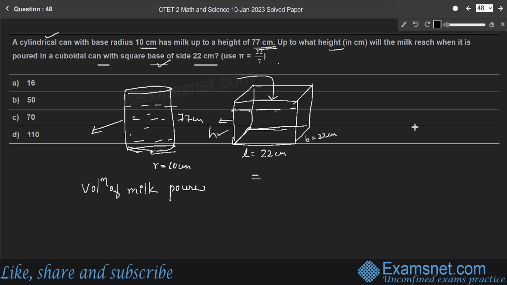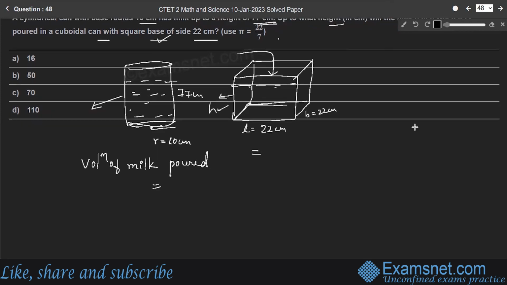Milk poured is equal to, so here milk is poured into the cylindrical can, right? Therefore, volume of the cylinder. So what is the volume of the cylinder? Pi r square h is the volume of the cylinder, right? Here pi is 22 by 7.